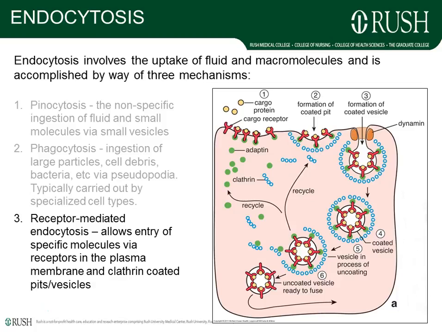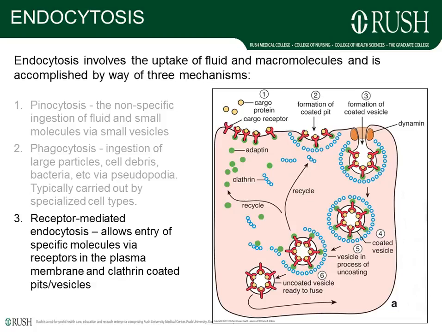So looking at this diagram to the right, you can see how the receptors cluster together, and then due to the binding of clathrin on the inner surface, you get the formation of a coated pit, which then, the more clathrin and the more receptors are involved, can then invaginate into a vesicle and be brought inside the cell.